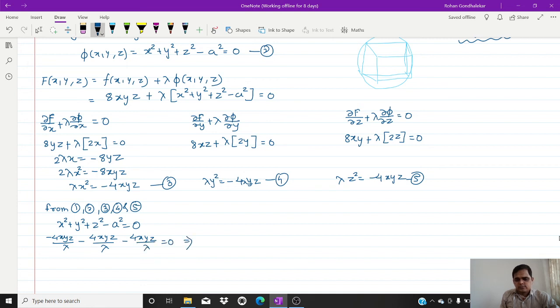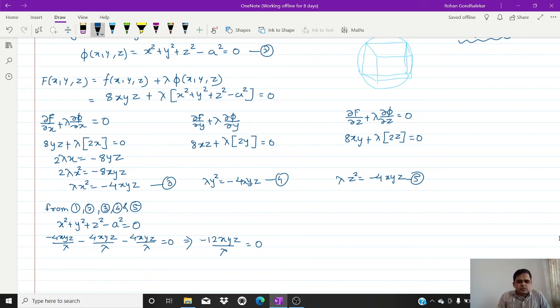This implies minus xyz upon lambda is equal to 0. Is this okay?